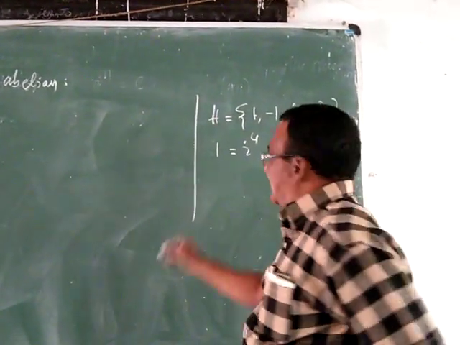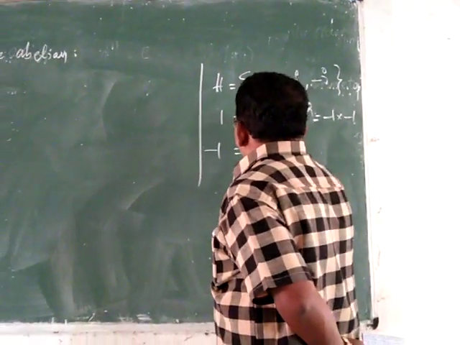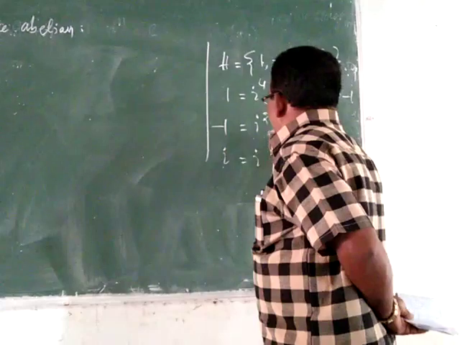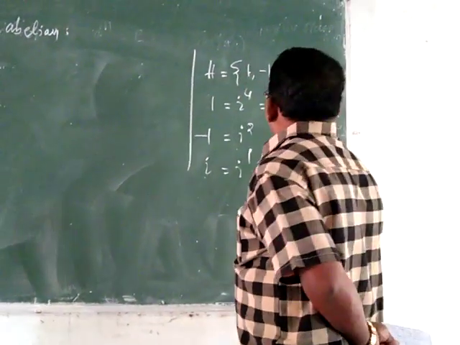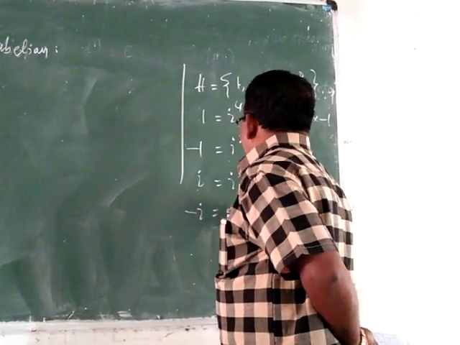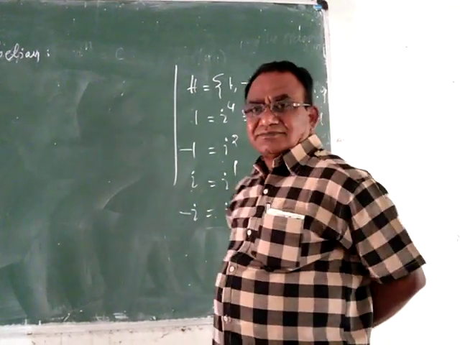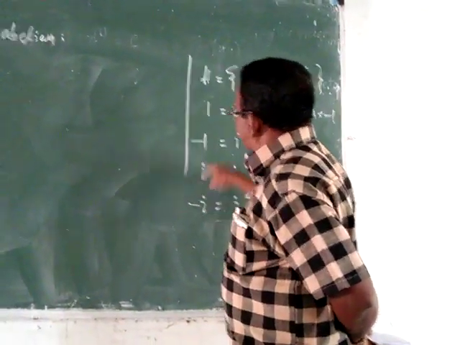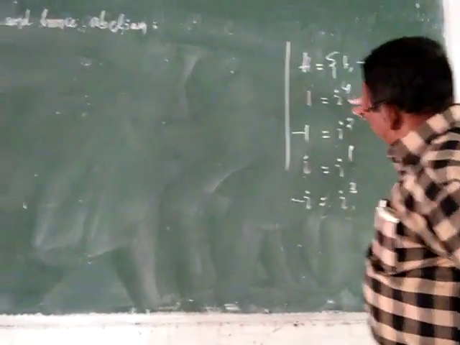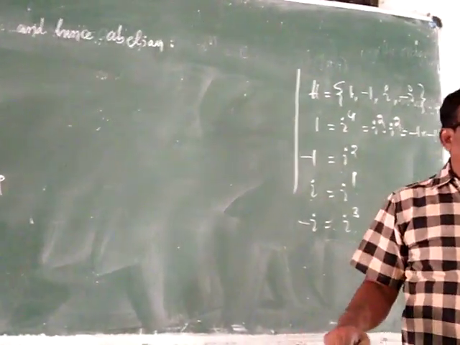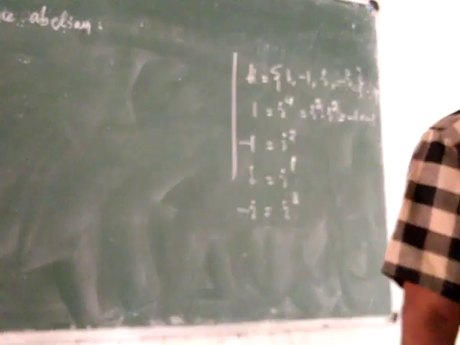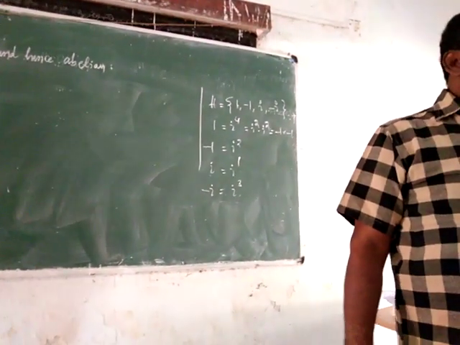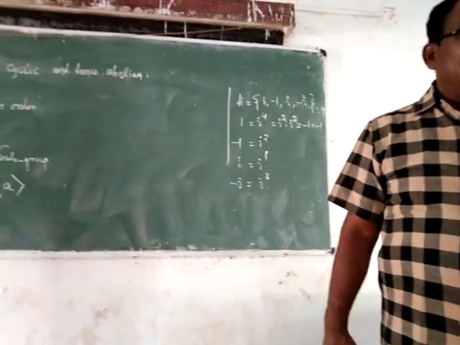Minus 1 may be written as i squared, then i as i to the power 1, and minus i as i cube. Like that, every element of H is written as an integral power of i. Therefore, we say H is a cyclic group generated by i.